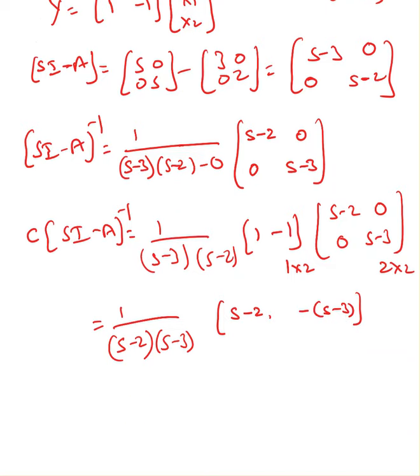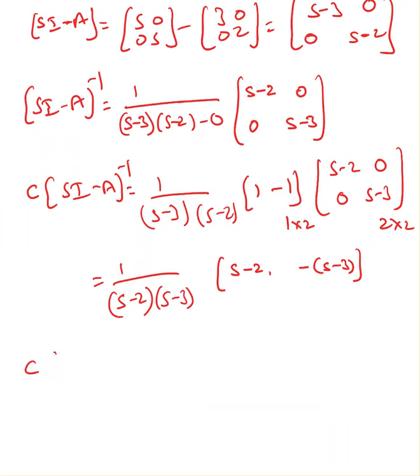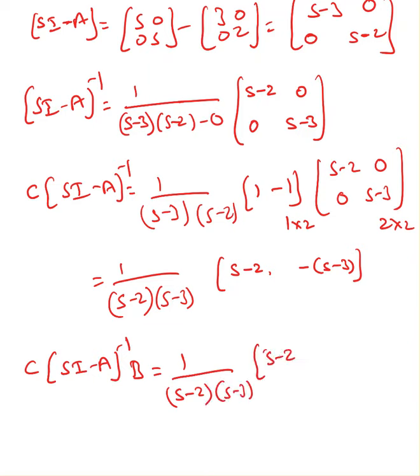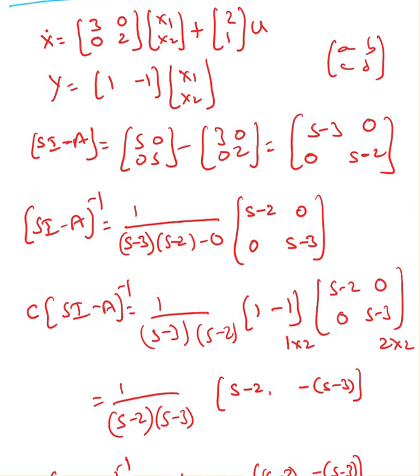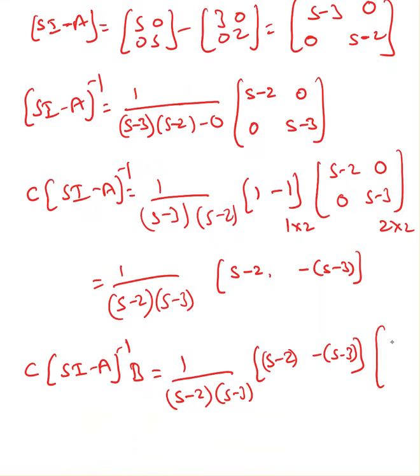Now the last part, C times (sI minus A) inverse times B. I will keep this separate: 1 over (s minus 2)(s minus 3). Here I have s minus 2, that's one term, minus of (s minus 3), that's another term, and I have B as [2; 1].